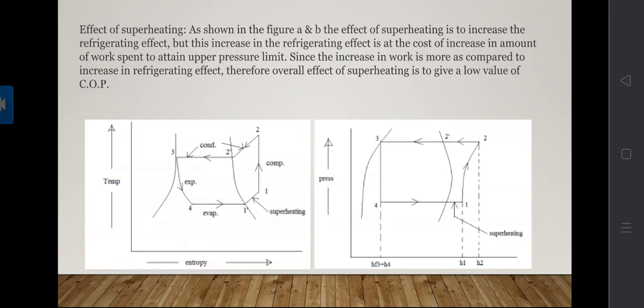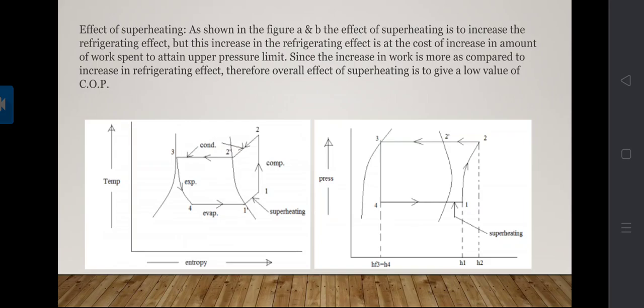Superheating increases the refrigeration effect, but at the cost of an increase in the amount of work spent to attain the upper pressure limit. Since the increase in work is more than the increase in refrigeration effect, the overall effect of superheating is to give a lower value of coefficient of performance.